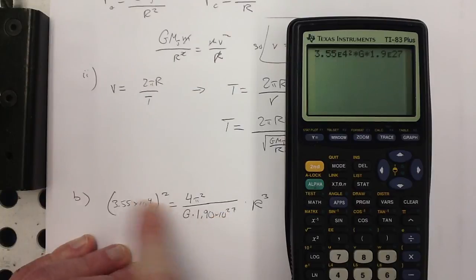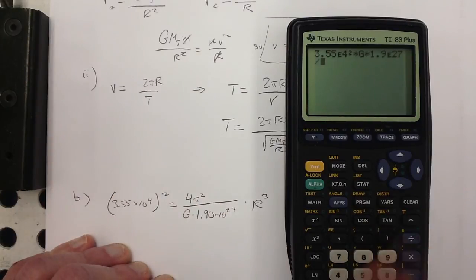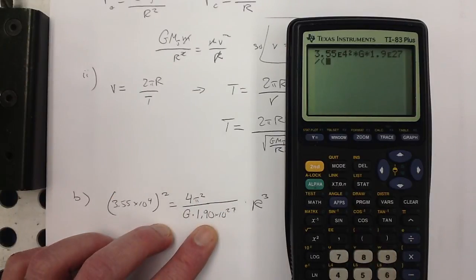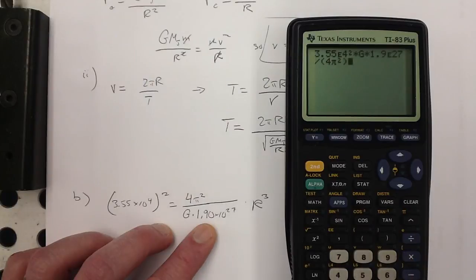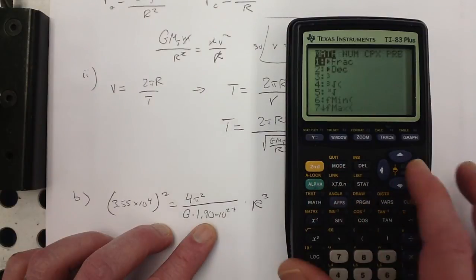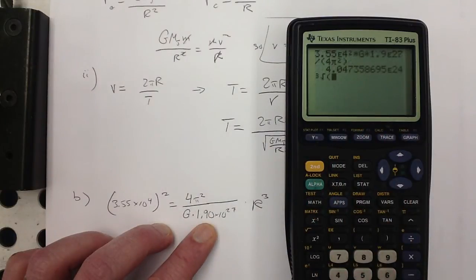All right, that's all the stuff that's going to be on the top. And then divided by 4 pi squared. Make sure you have that in parentheses. And that gives me r cubed. And then I want the cube root of that. So math number 4 is cube root of that answer.